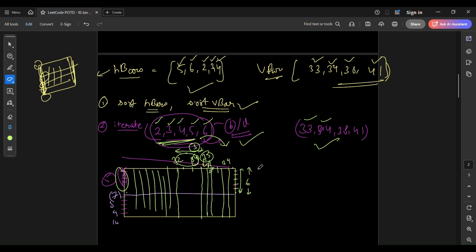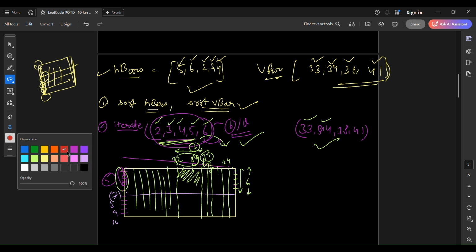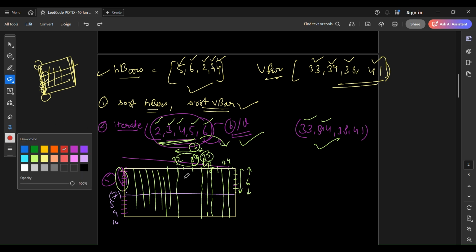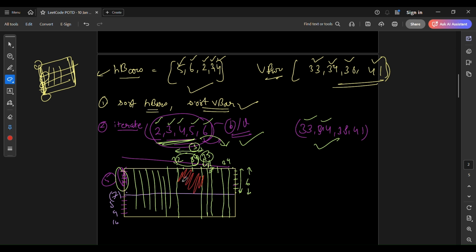This is the part that we are most interested in. But it has a length of 3 and a height of 6, so it is forming a rectangle but not a square. So what is the maximum empty square that I can form?